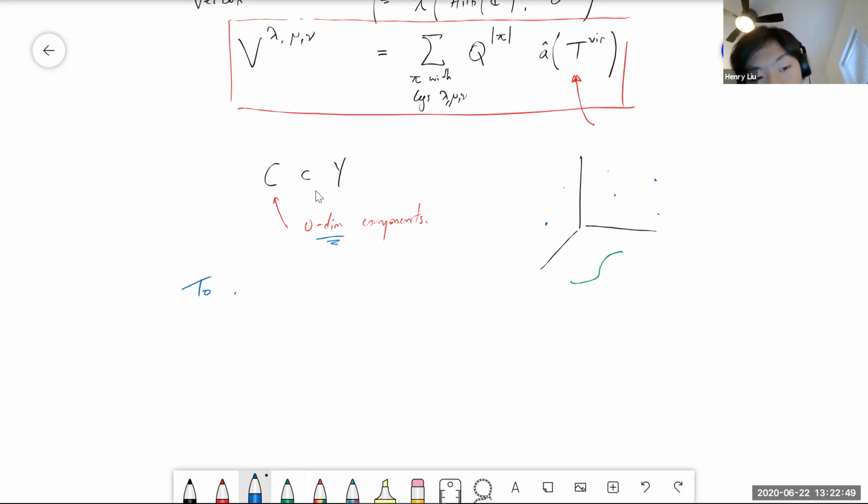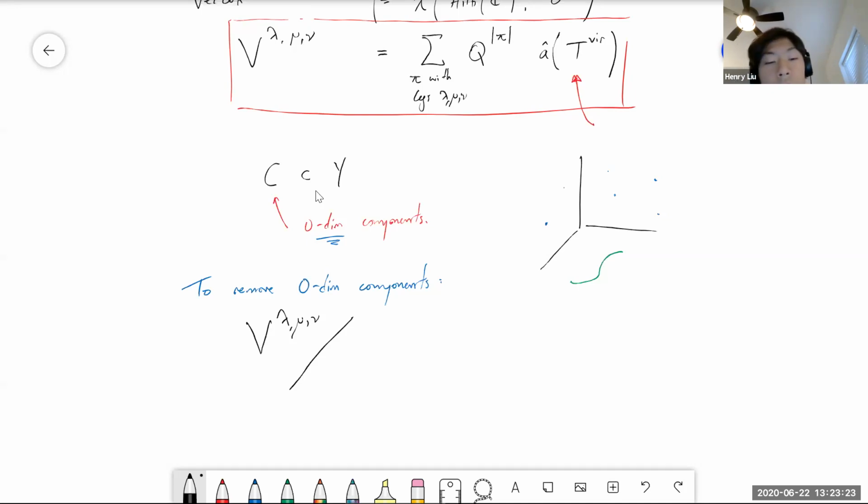So to remove 0-dimensional components, there's 2 ways you can go about this. One way is you can say, I'll try to do this completely algebraically. And I'll take my V_{λμν}, and I'll just manually quotient by the contribution from purely zero-dimensional curves.